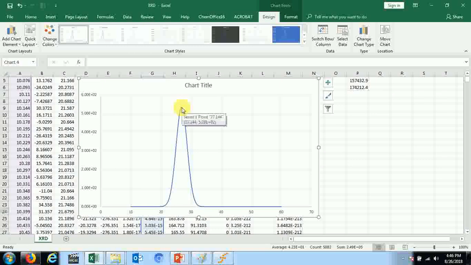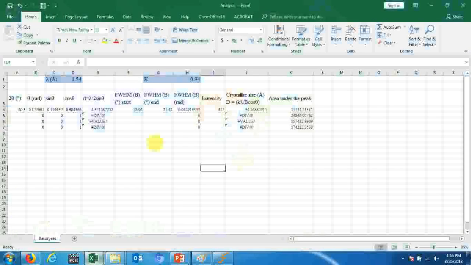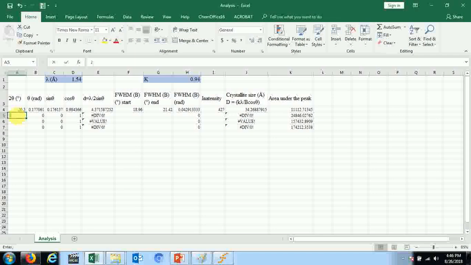The 2 theta value is 27.14 and 528 is the intensity. We can consider only up to one digit, 27.1.